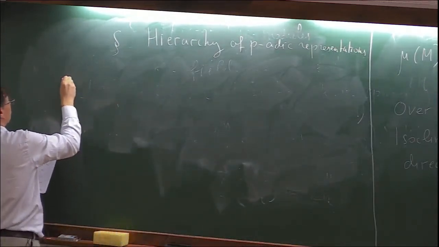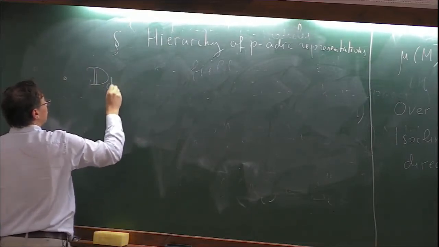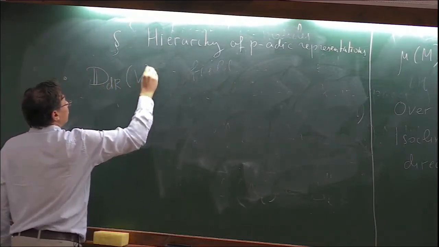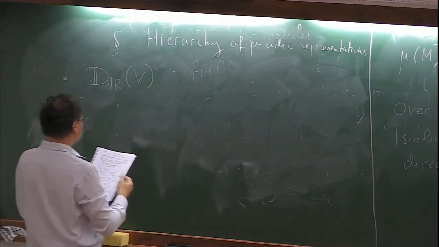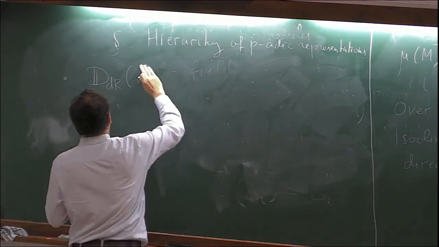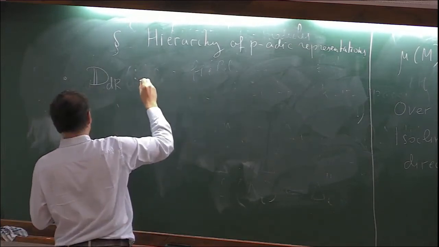So we define several functors on the category of p-adic representations over a local field. The first functor is the de Rham functor.